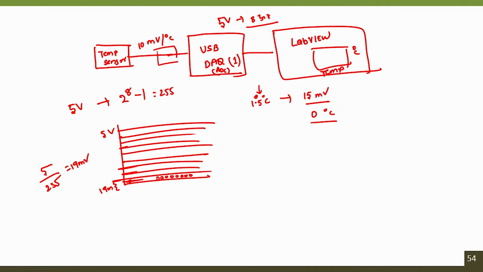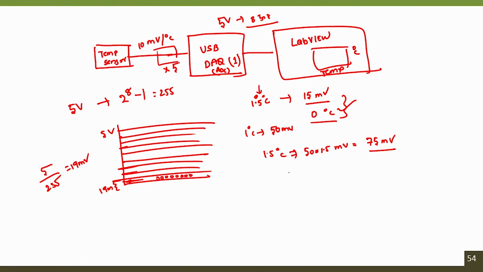by introducing a signal conditioning circuit with a gain between the temperature sensor and the ADC, the temperature can be displayed with a very high resolution. Imagine that in the same situation I have a gain of 5. Now 1 degree centigrade will be represented by 50 millivolt, and 1.5 degree is 50 into 1.5, which is 75 millivolt.